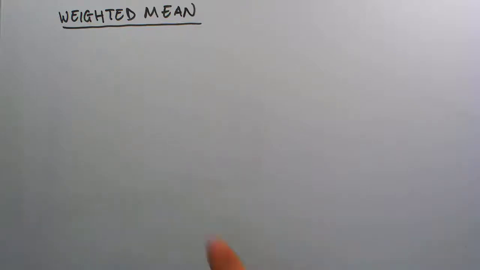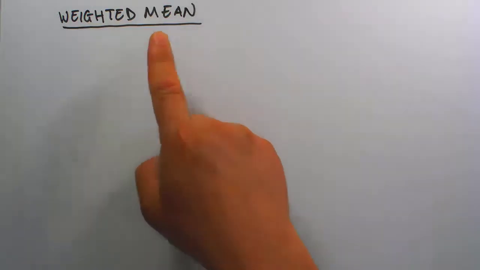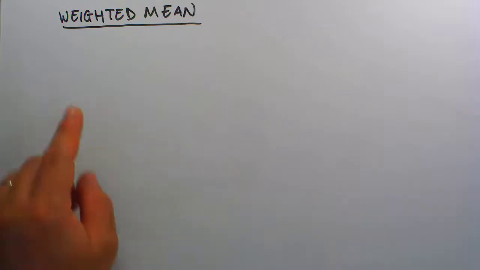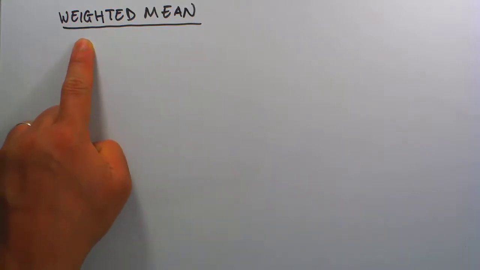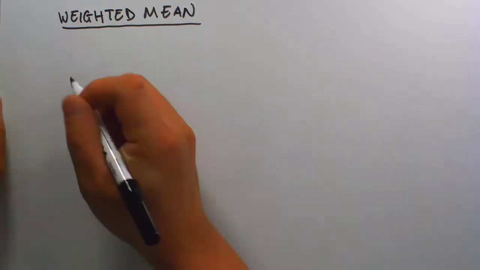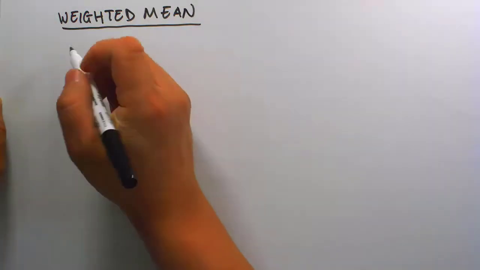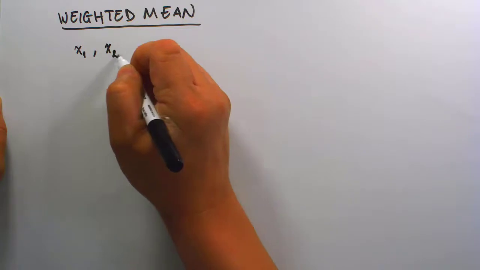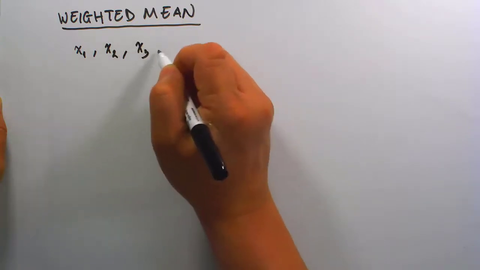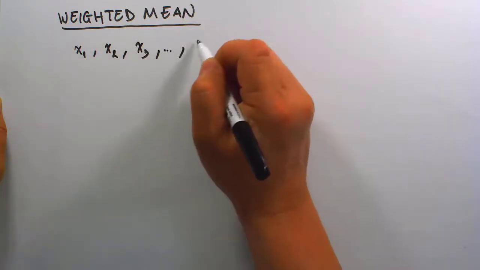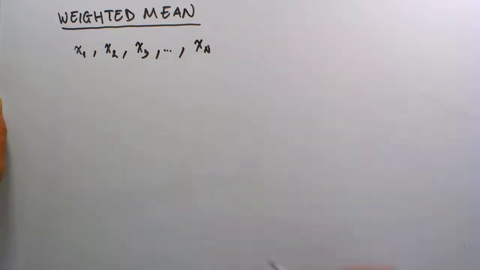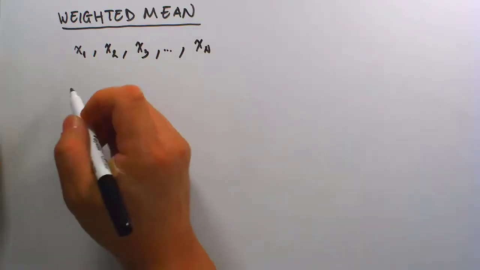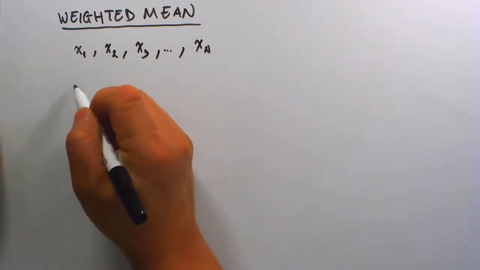Let's learn how to find weighted mean. We find weighted mean value anytime our data values, namely x1, x2, x3, and so on, up to xn, come with corresponding weights.